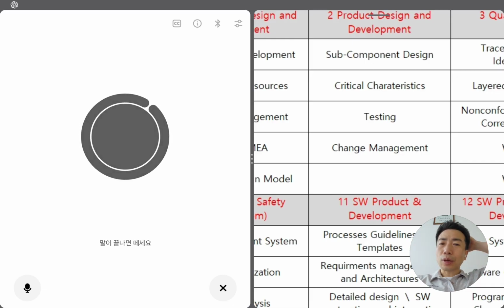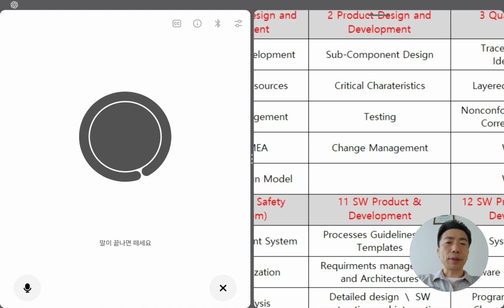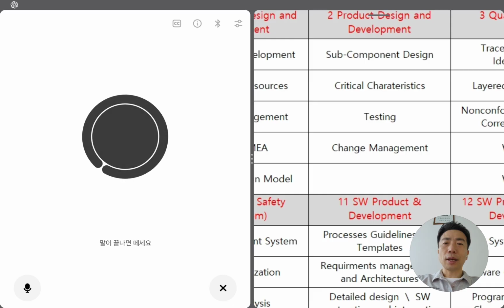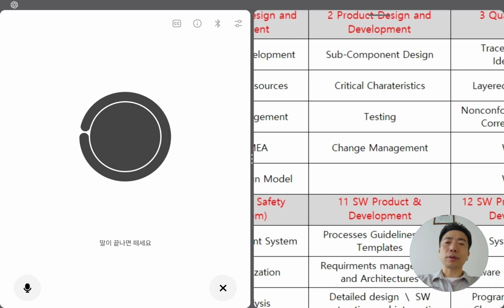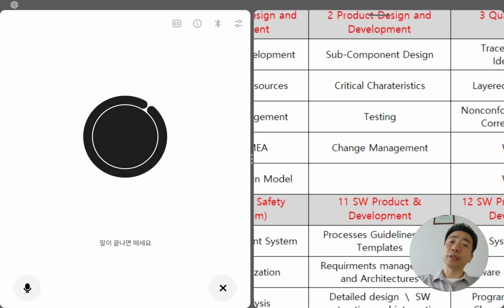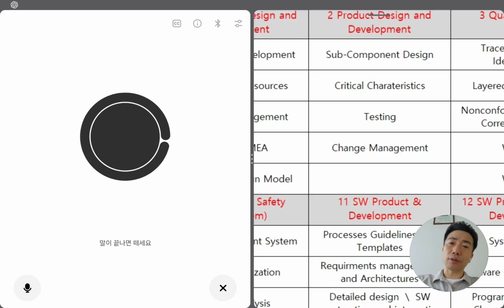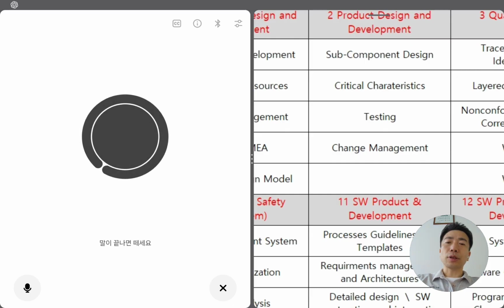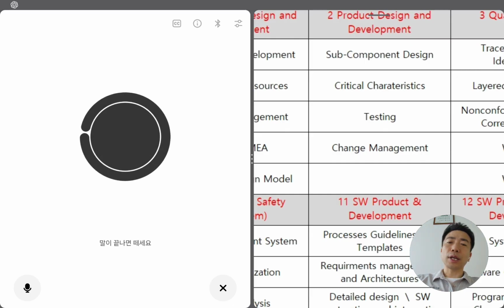Number 3, can you show evidence that lessons learned from previous subcomponent issues are applied to new designs? This is a very important question. Lessons learned question. Number 4, how do you ensure supplier-designed subcomponents meet your design and quality standards?